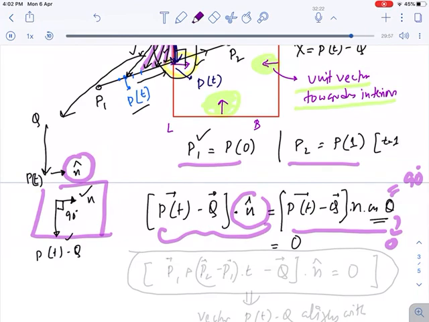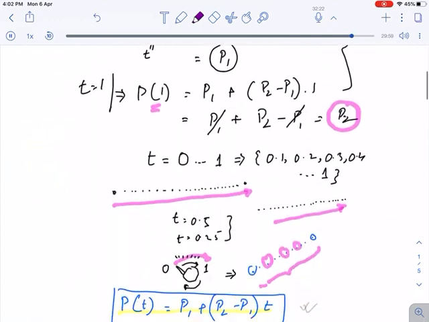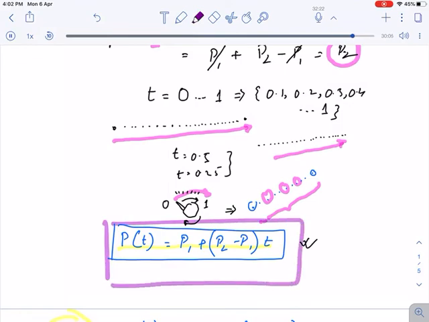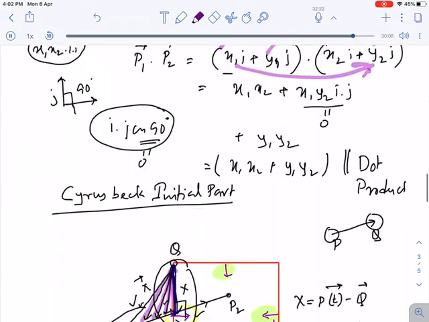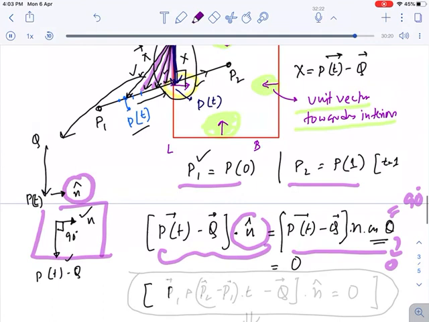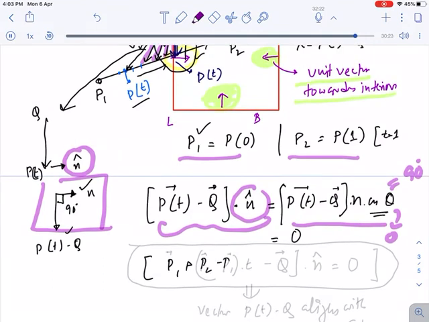Pt is equal to P1 plus P2 minus P1 into T. The line is starting from P1 and ending at P2, so Pt can be written as P1 plus P2 minus P1 into T. So P1 is the initial point, and P2 minus P1 is the direction, I can represent it like that, into T.